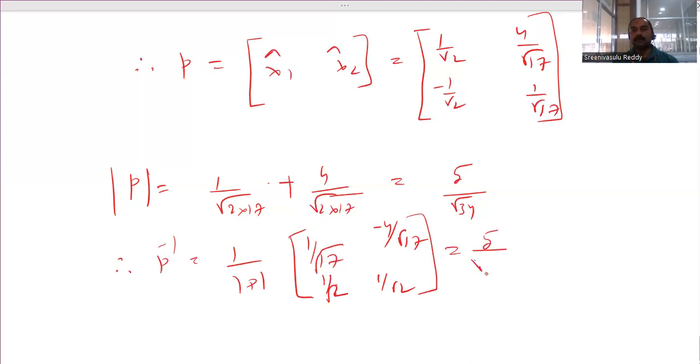If you have confusion, write down root 2 into root 17, not 7: 1 by root 17, 4 by root 17, 1 by root 2, 1 by root 2.